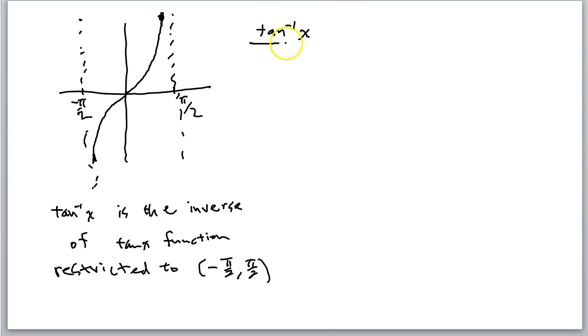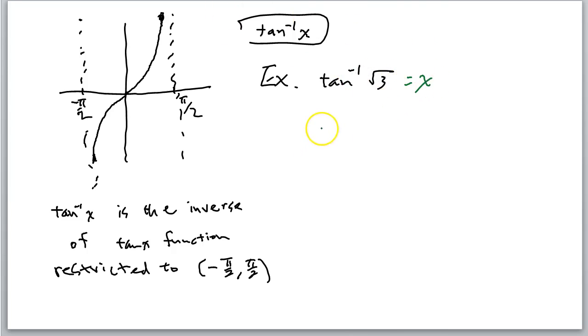Okay. All right. So here's an example. Find the tangent inverse of square root of 3. Step 1, set it equal to x, and then rewrite it as tangent of x equal to square root of 3.